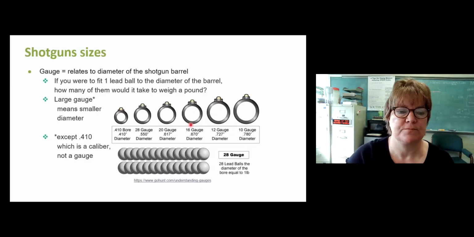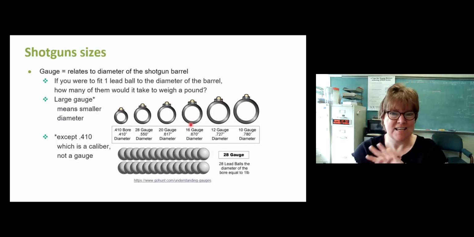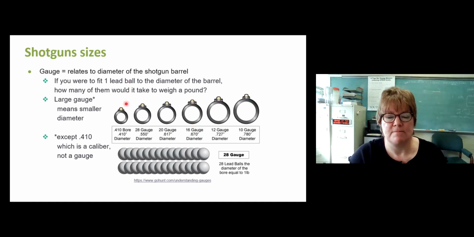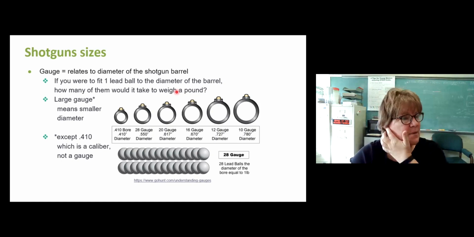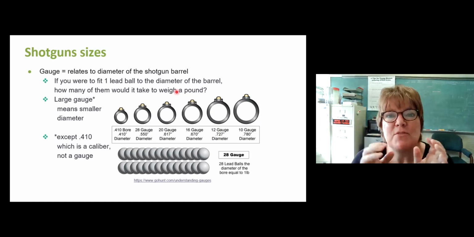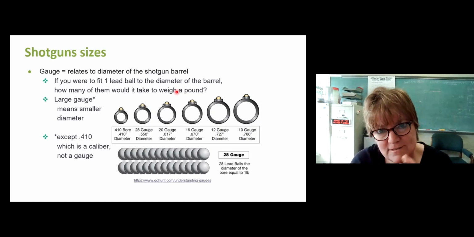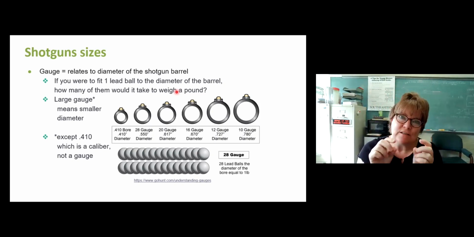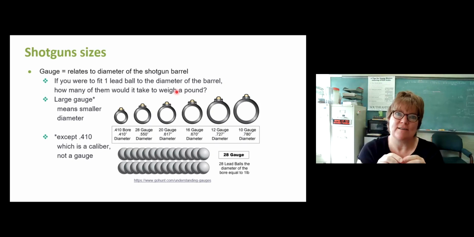Okay, shotgun sizes, totally different. They're not sized by the barrel, they're sized by the shot itself. So the gauge is related to the diameter of the shotgun barrel, but the way we measure the bore is by how much weight it would take if you filled it with little pellets.